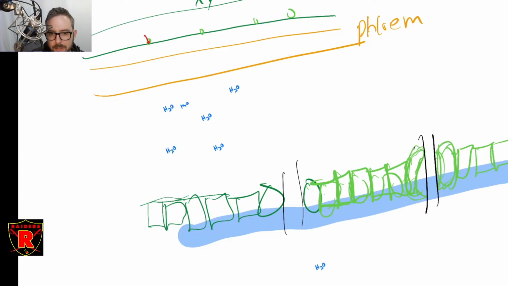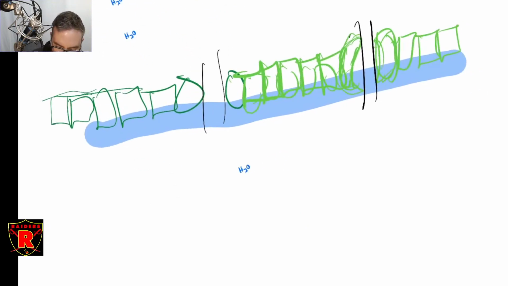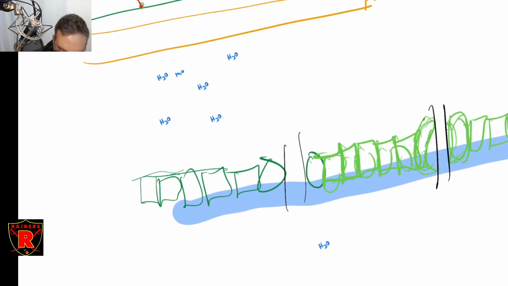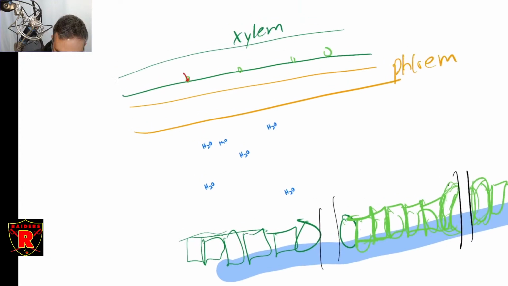They talked about that in the video. So as H2O is leaving the leaf, it's going to draw additional H2O out into the gases in the spongy mesophyll here, which is going to pull additional H2O up and out of the pores in the xylem tissue.